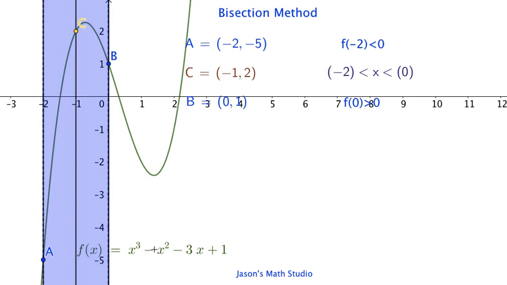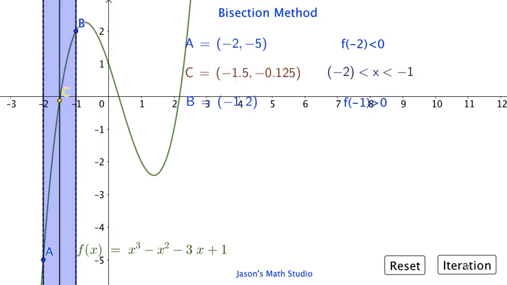By plugging in the x value of point C, we get a positive 2. So point C is above the x-axis and point A is below the x-axis. We can say that the root is between negative 2 and negative 1.